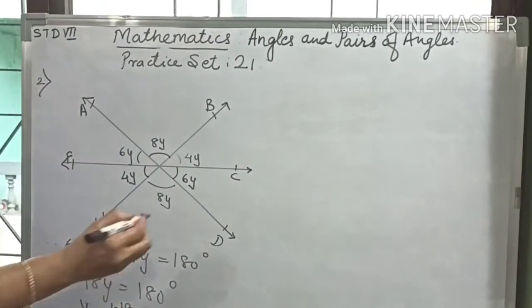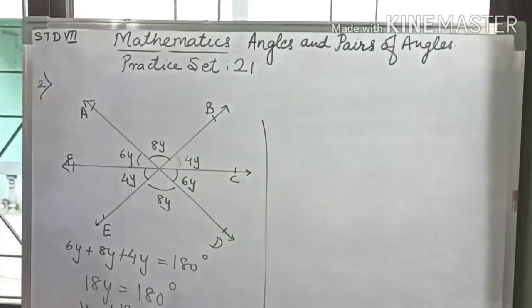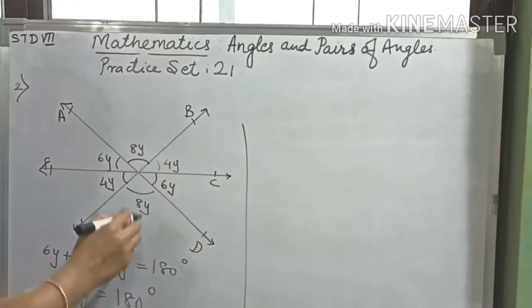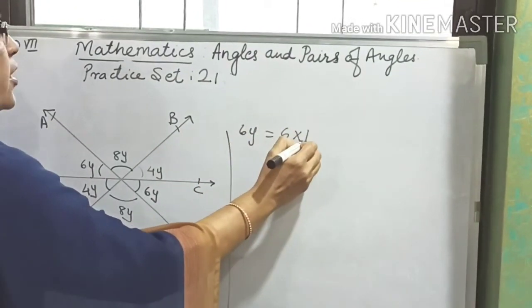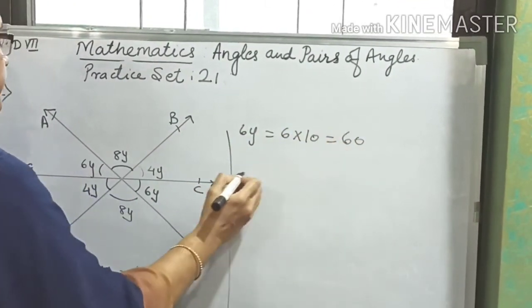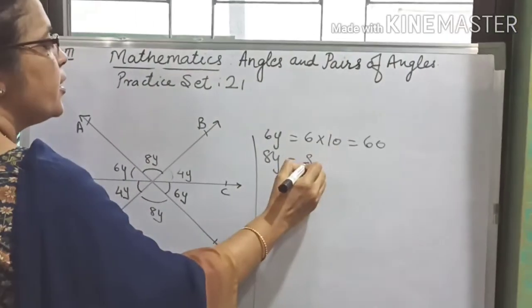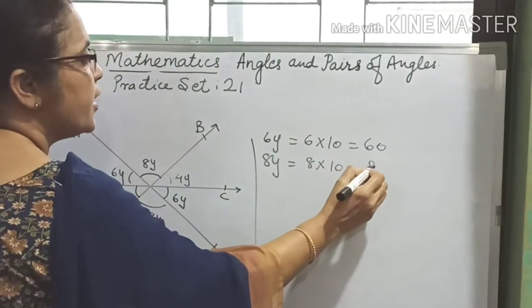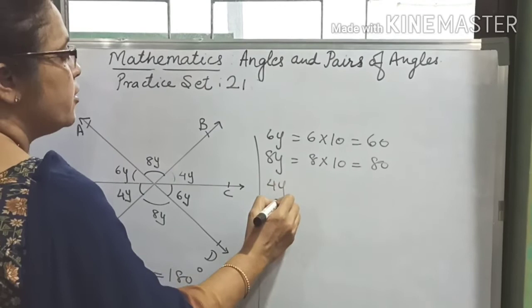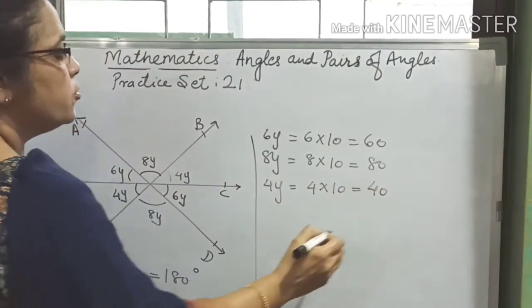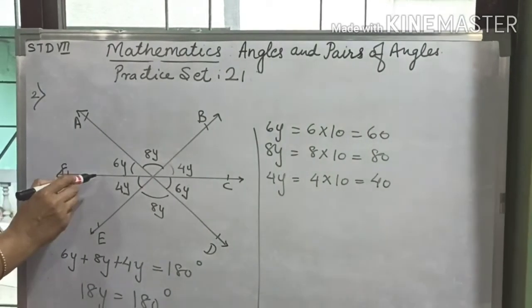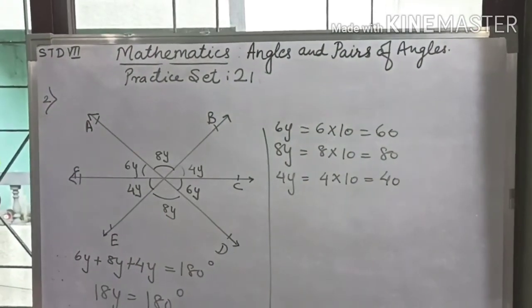So we got the value of y as 10. So you can substitute this value of y. 6y will be 6 into 10, that is 60. 8y will be 8 into 10, that is 80. 4y will be 4 into 10, 40. So you can write the names of the angles and write the measures of the angles.